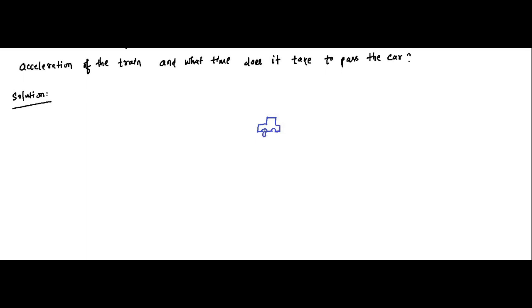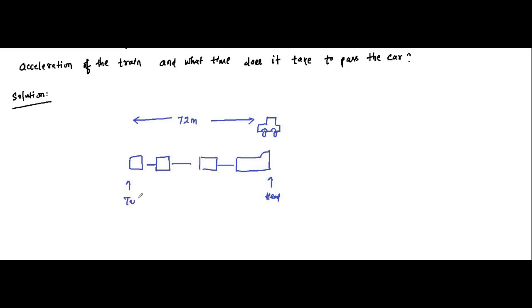A train is passing by, and when the head or the starting end of the train is approaching the car, let's say this is the train, its length is 72 meters. This is the head or the beginning end, and this is the tail end.